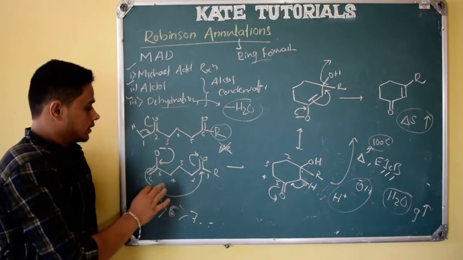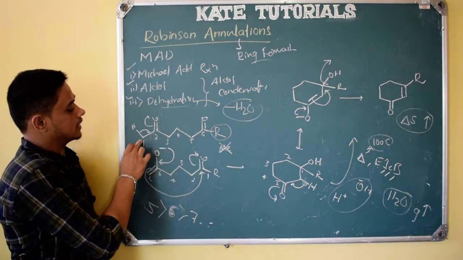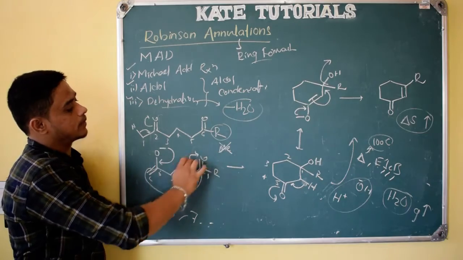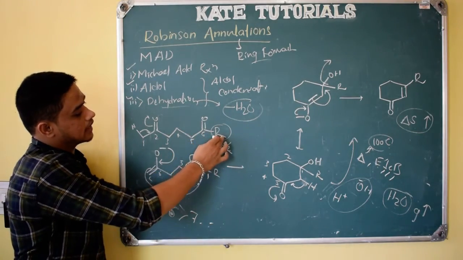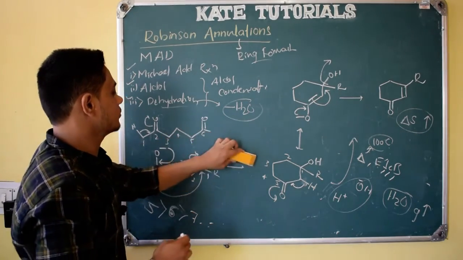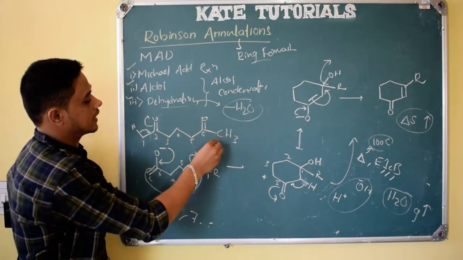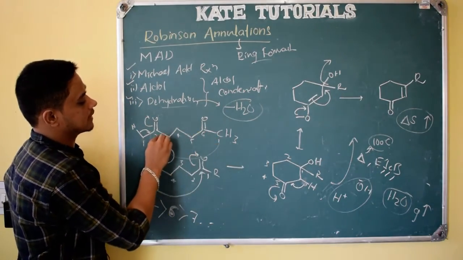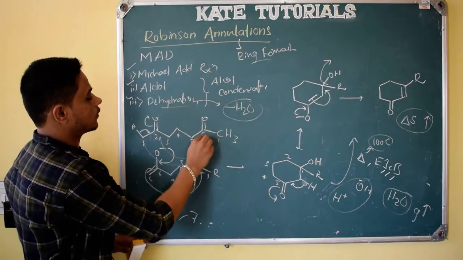See here, a proton is there: 1, 2, 3, 4, 5, 6. So a 6-membered ring can form, right? If instead of R I have a methyl group, CH3, then there is a chance of 1, 2, 3, 4, 5, 6, and this ring formation can also occur. So only these two are possible.